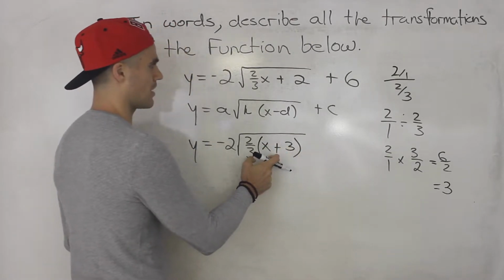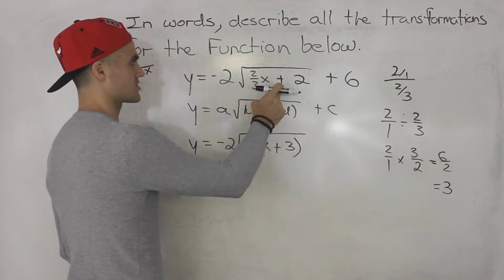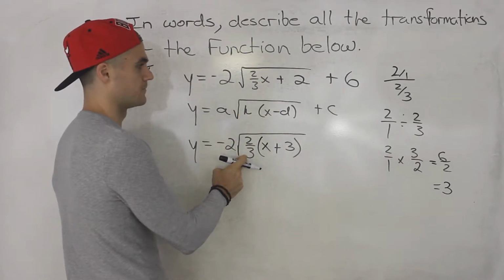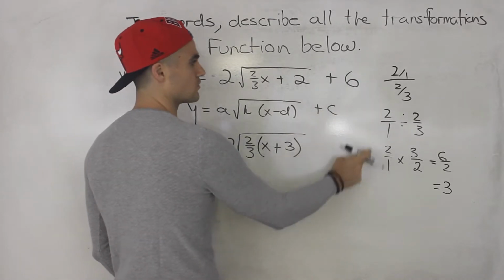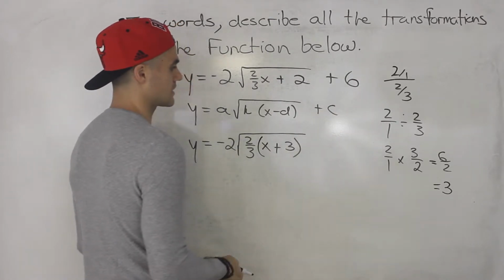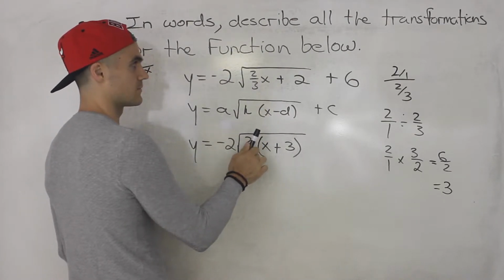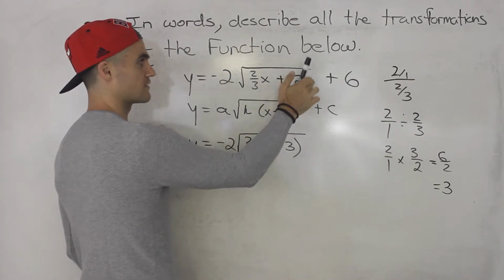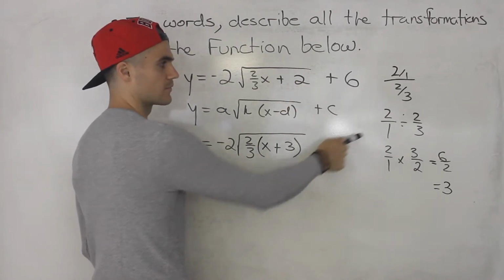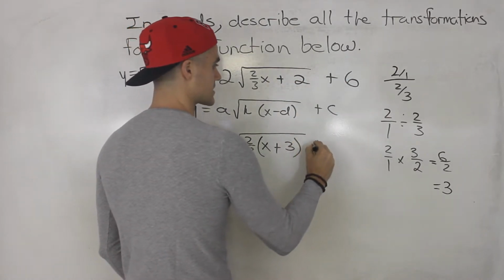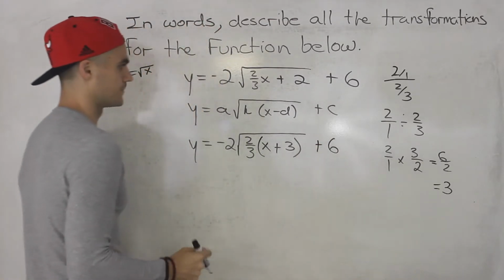And notice that it's a positive because the sign here is positive, and we factor out a positive 2 over 3. So I thought I would show you this process because sometimes students get a little confused if you're factoring out a fraction, how that affects that number there. And this is how you do it. And then that plus 6 stays right there.